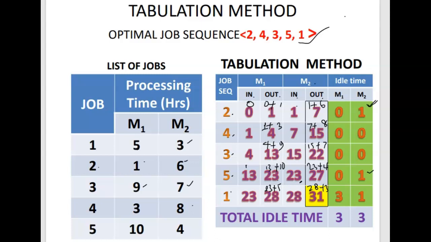It was not idle here, because immediately the job left machine 1, it took another job. Here, he finished job 3 on the 22nd hour, but he had to wait for machine 1 to finish job 5 on the 23rd hour to take the job. So from 22 to 23, he waited an additional 1 hour.